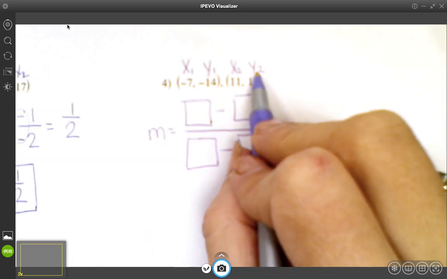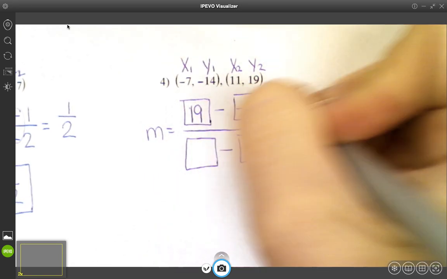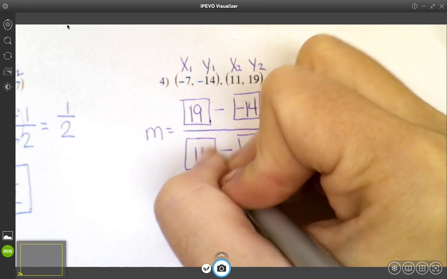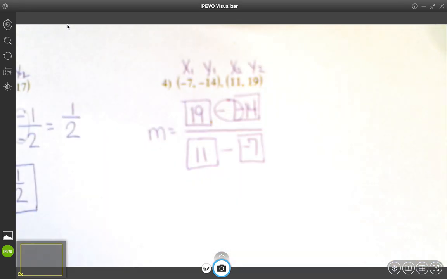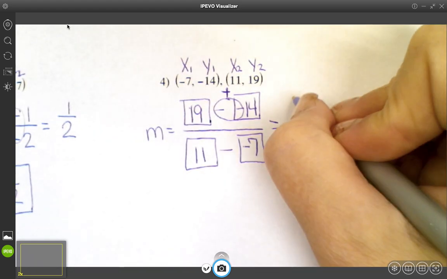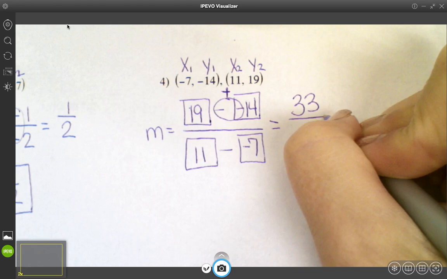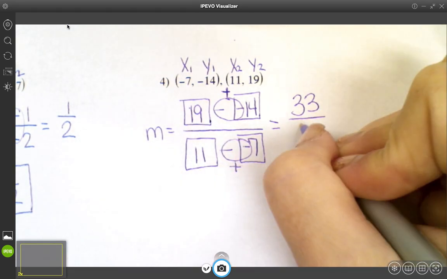All right, so we have 19 as y2, y1 is negative 14. x2 is 11, x1 is negative 7. And we all know that two negatives really mean plus, so we're going to take 19 plus 14 and get 33. All right, then we are going to add 11 plus 7 and get 18.